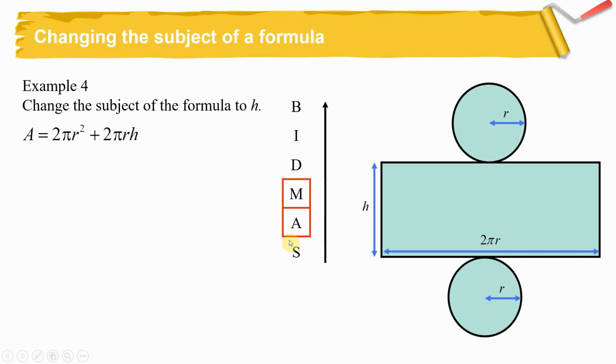We have to address the addition first, so we move this to the left hand side. We write a minus 2 pi r squared, and this is actually just multiplication, so we can write h equals to a minus 2 pi r squared divided by 2 pi r. So that is the final answer for this example. So that's all for this video.